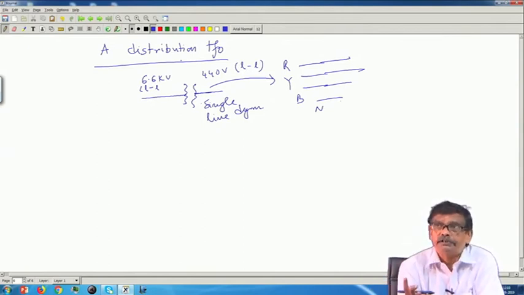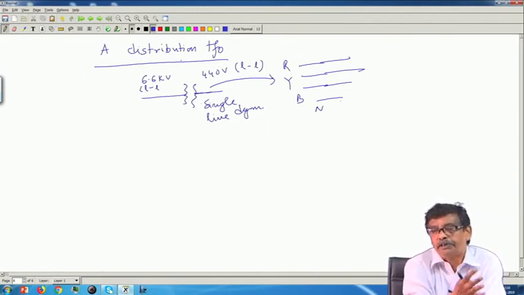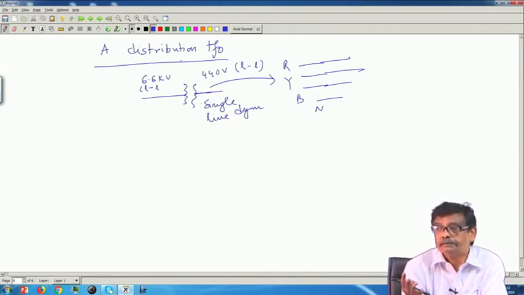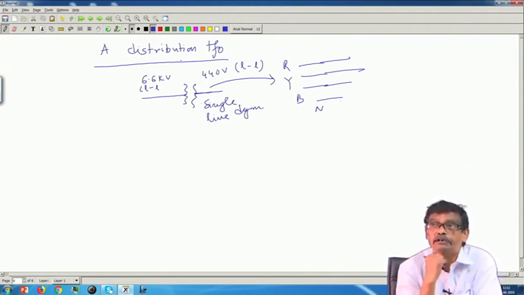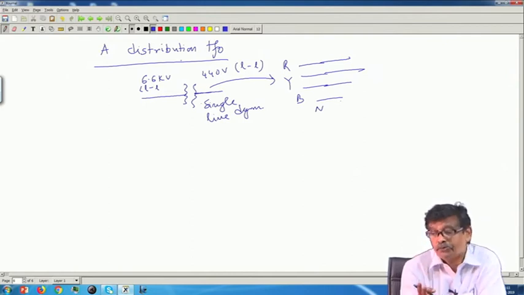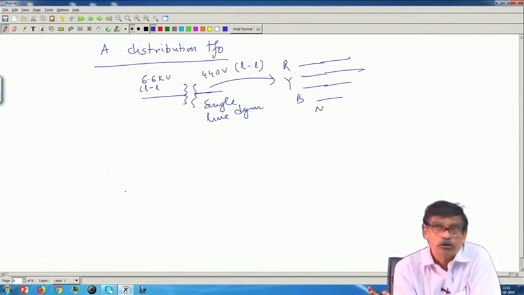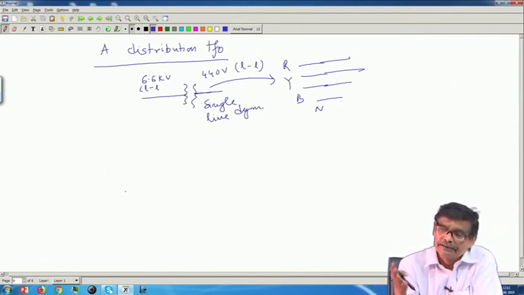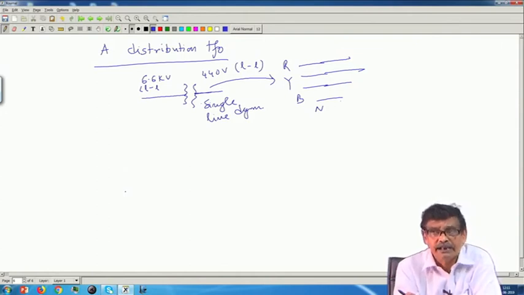It is a compulsion on the part of the company which is selling electricity to usual consumers. It is duty bound to keep the primary of the transformer energized all the time, although it knows that sometimes load will be very less, sometimes very high.